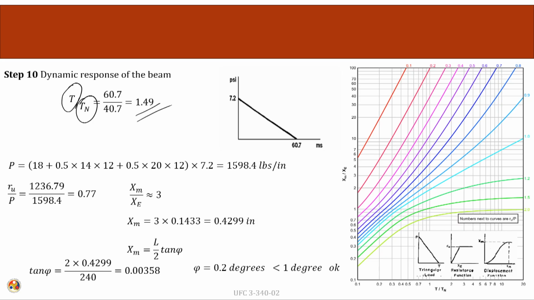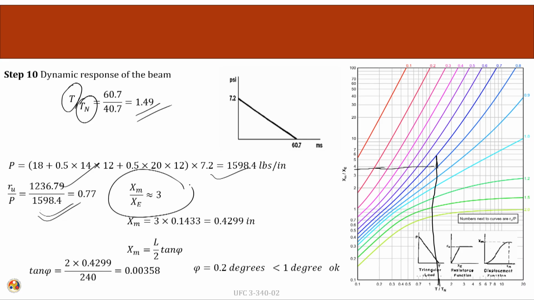So, using this chart, we have already calculated the capacity of the section, and we can calculate the loading applied on the section. Using 1.49, somewhere here, Ru over P is 0.77, so between 0.7 and 0.8, somewhere around here.